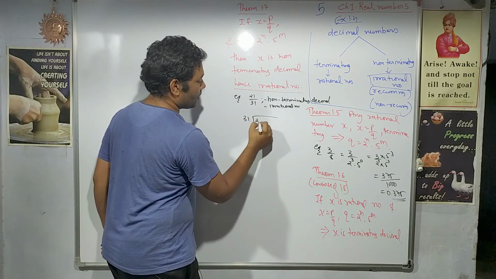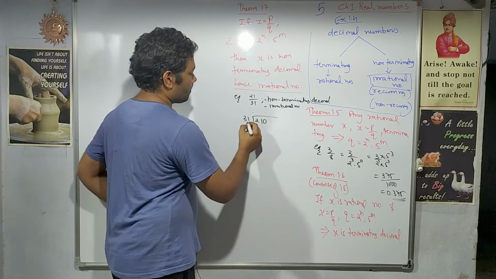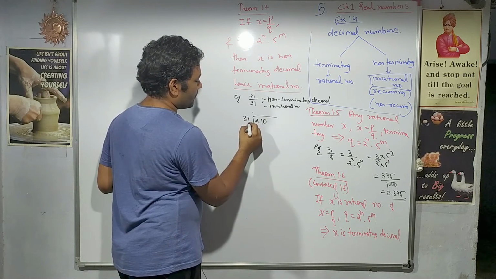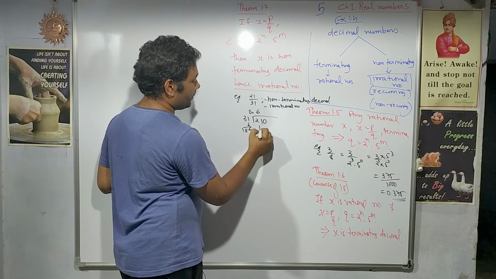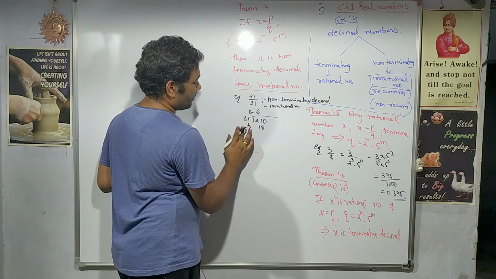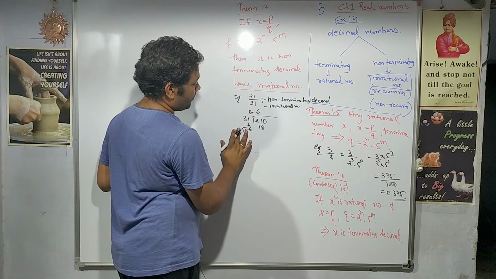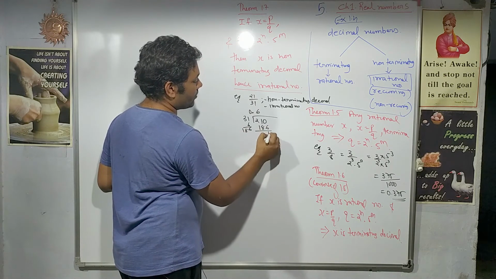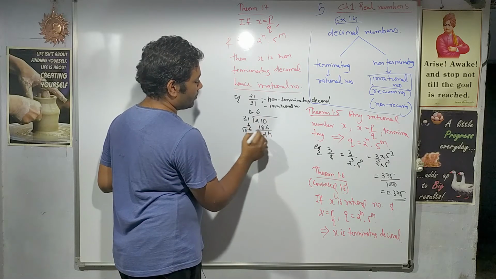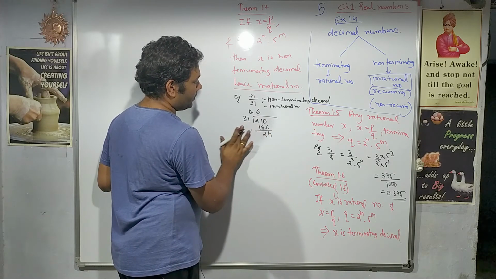So if we divide and check, 0.0, 6 sixes are 186, so 0.6, yes, 186, 4, 0, 2, 24, right?